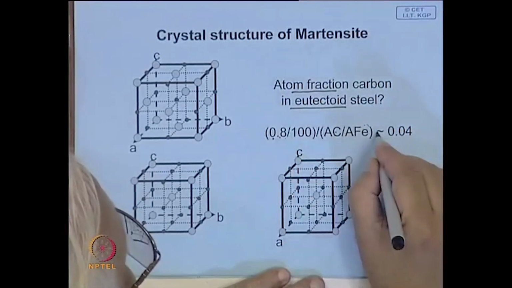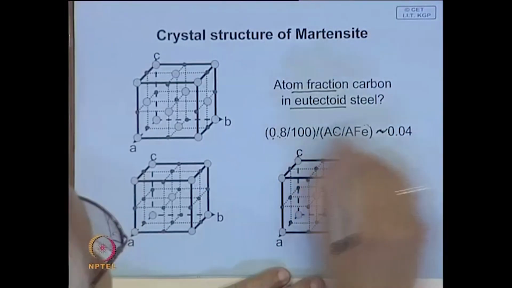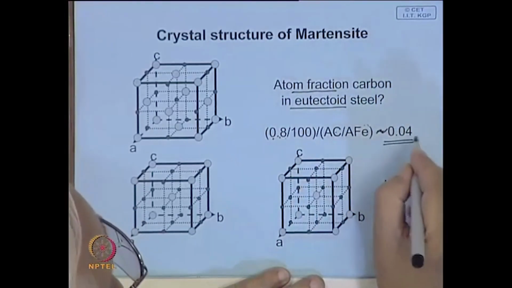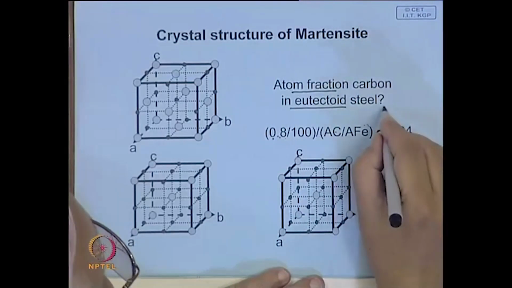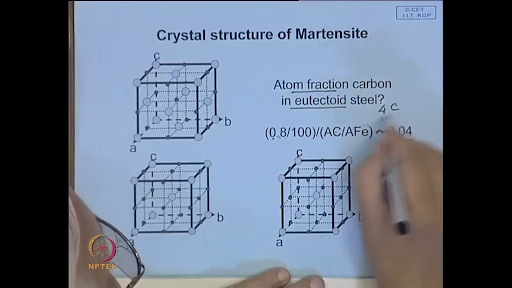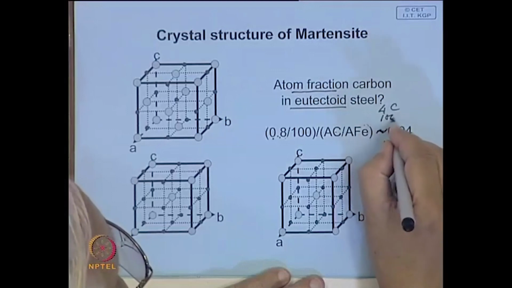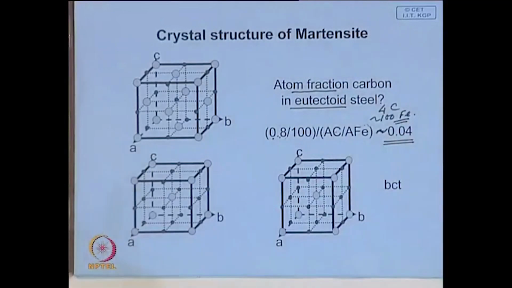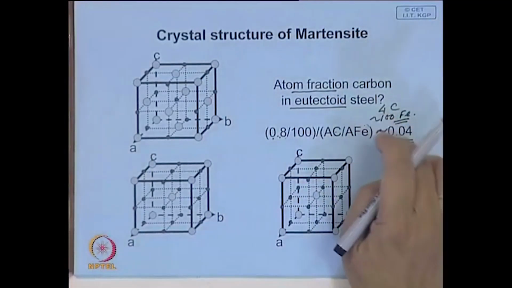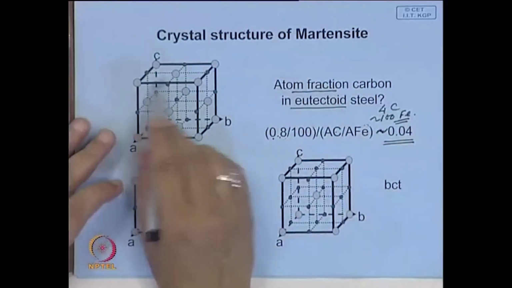If you do that, you will find that even in eutectoid steel you have 4 carbon atoms within roughly 100 iron atoms. So, the ratio is 4 to 100, even within that unit cell.